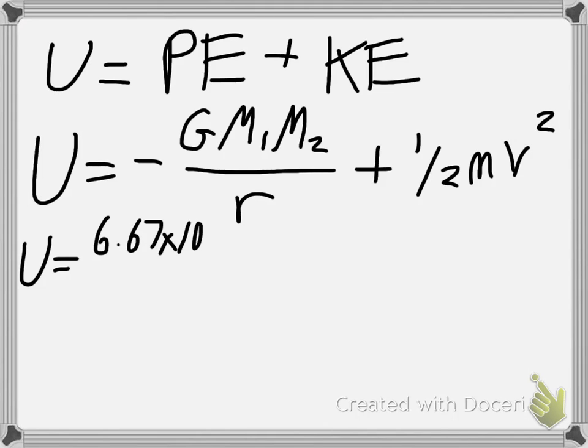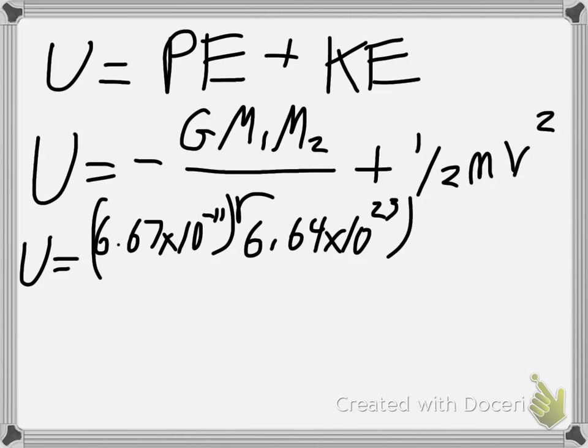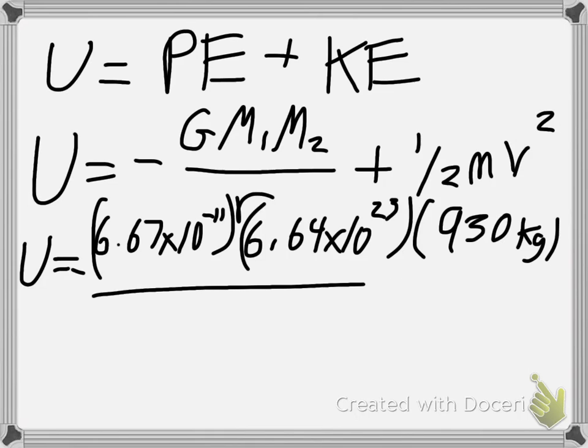6.67 times 10 to the negative 11th. We know the mass of Mars from our earlier problem, 6.64 times 10 to the 23rd. And that's going to be a negative number. The mass of the satellite is given to you to be 930 kilograms, all over the radius of the orbit.